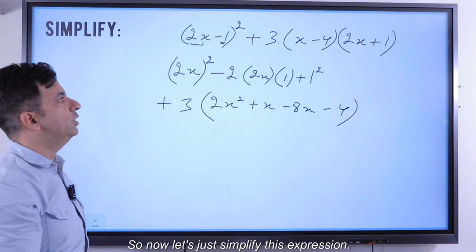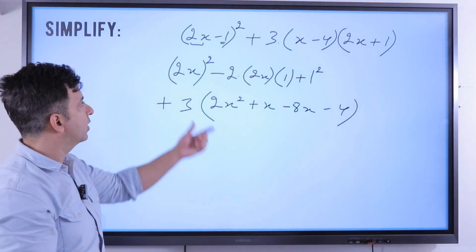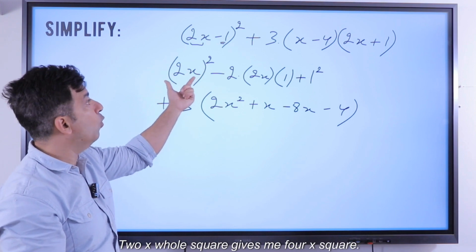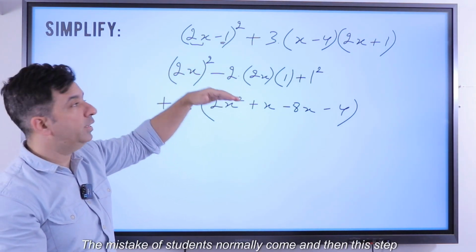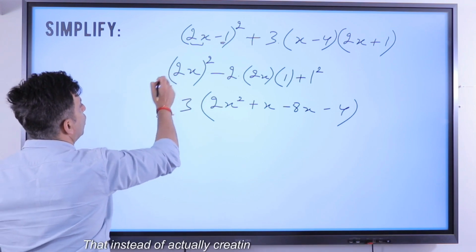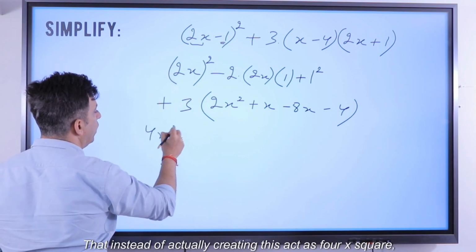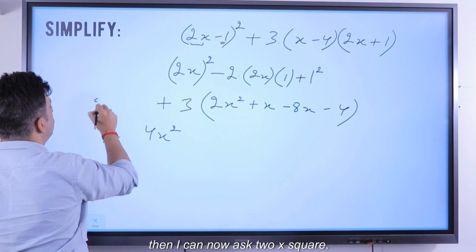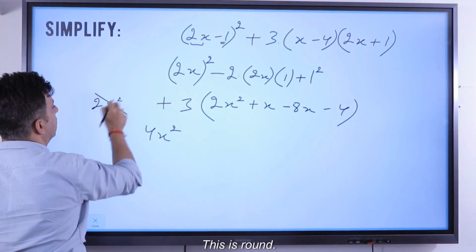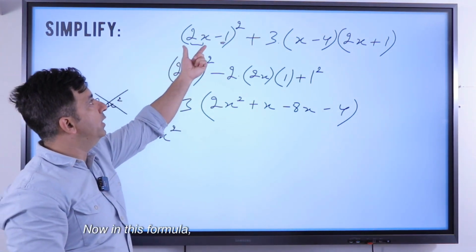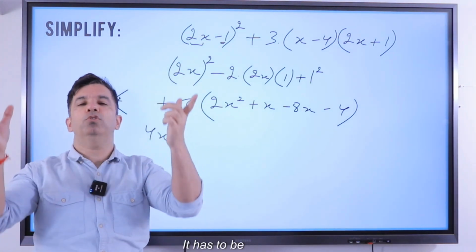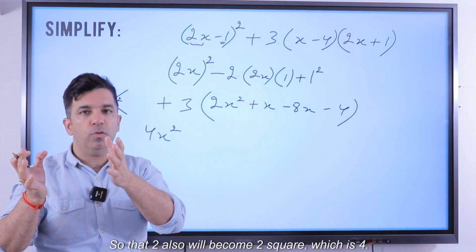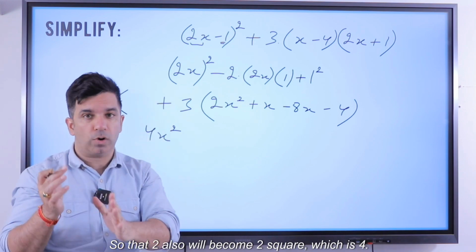So now let's simplify this expression. (2x) whole square gives me 4x square. The mistake which students normally commit in this step is that instead of writing 4x square, they write 2x square. This is wrong. In this formula, we know that 2x is a single term, it has to be squared, so that 2 also becomes 2 square, which is 4.